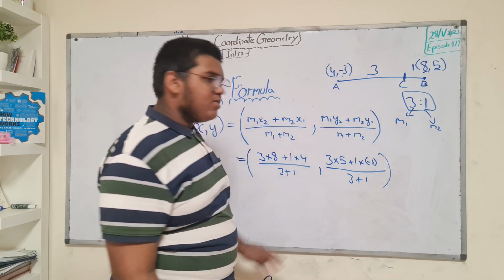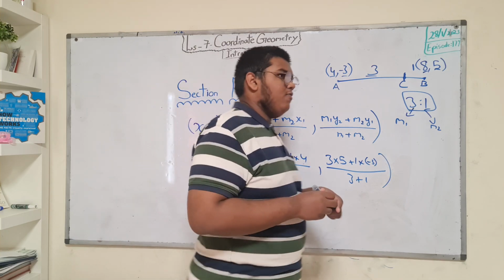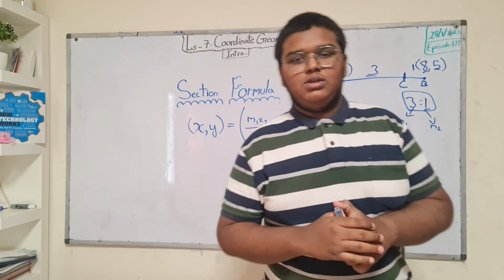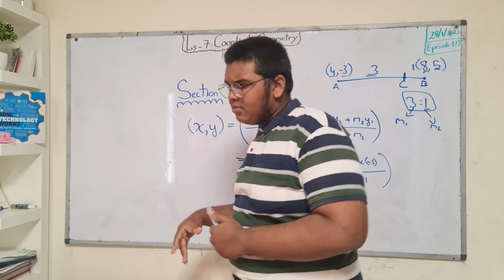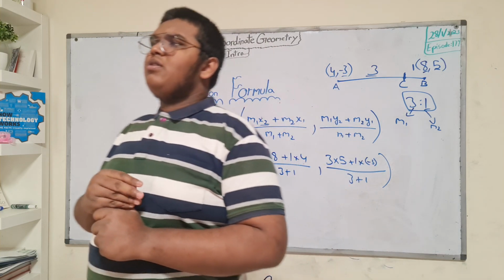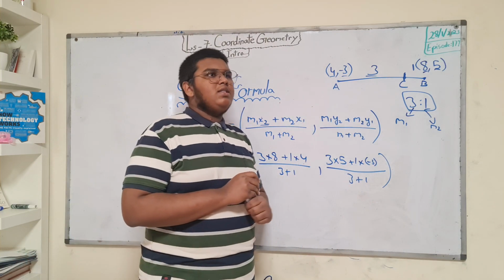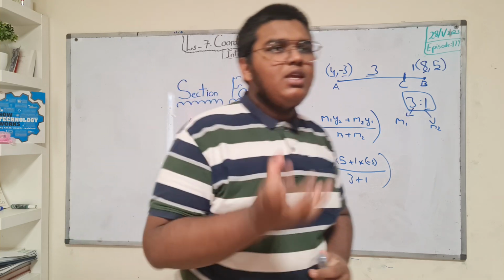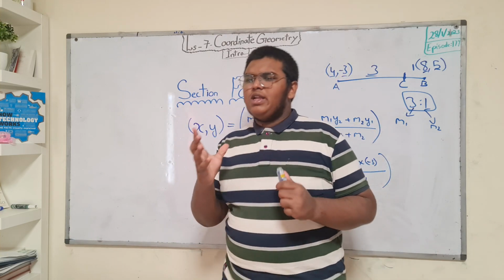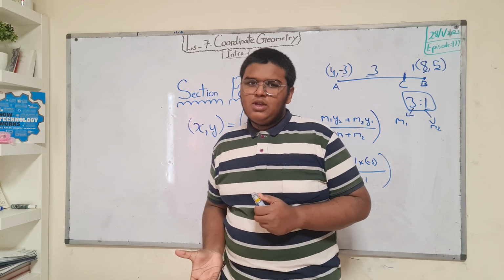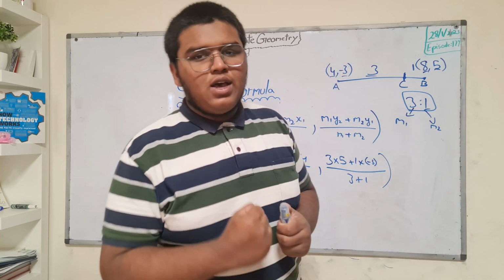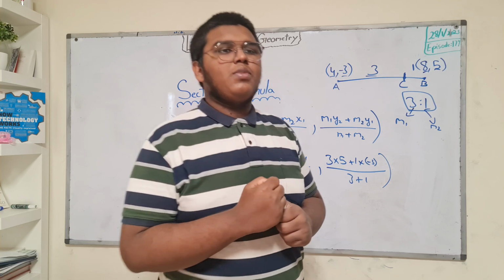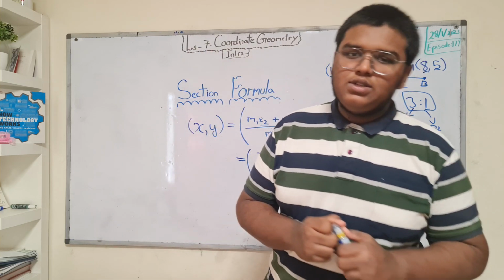Now I'm sure many of us have been scared after seeing the negative in the coordinates. As we have learned in the pair of linear equations chapter, we have solved many equations, and now we have experience in solving pairs of linear equations in two variables.